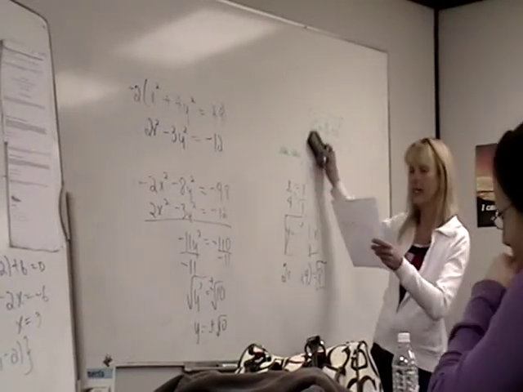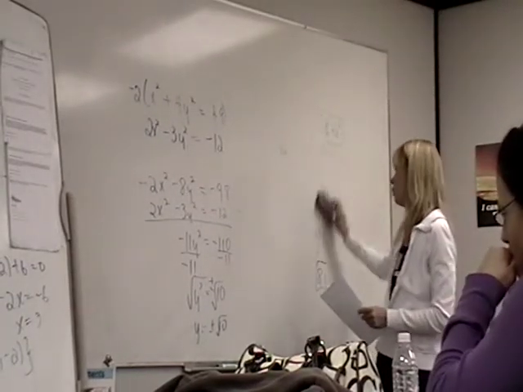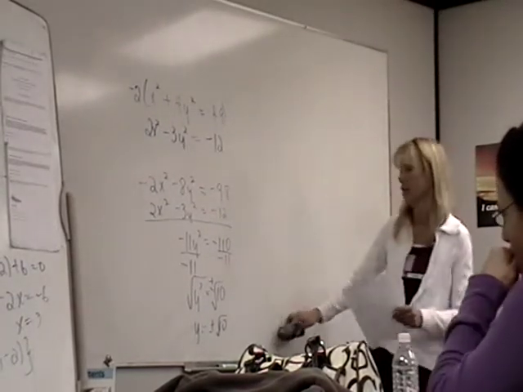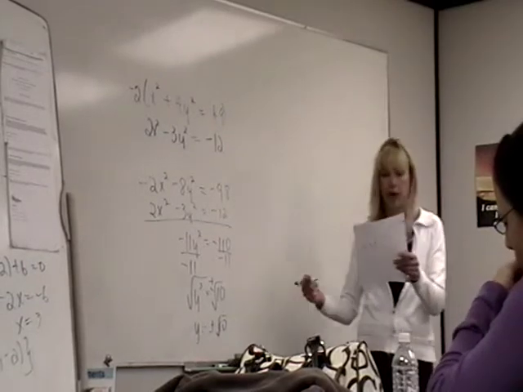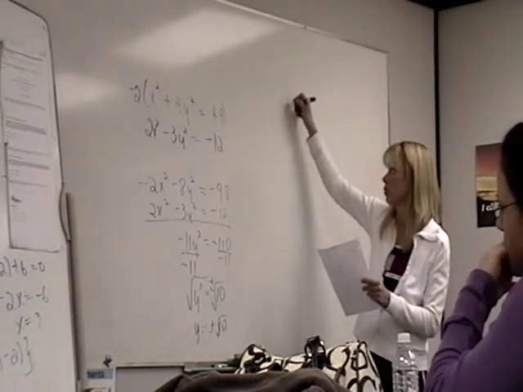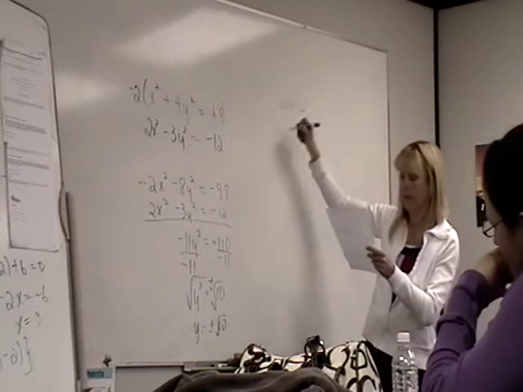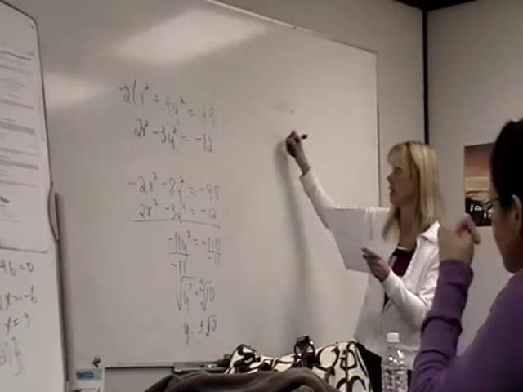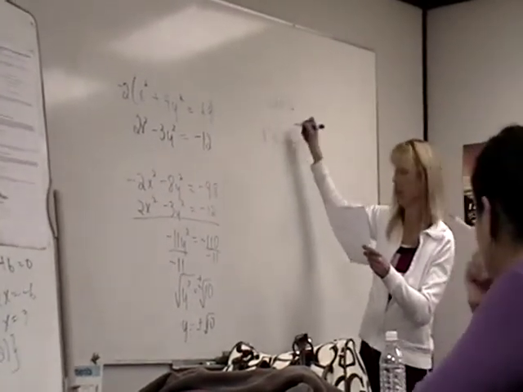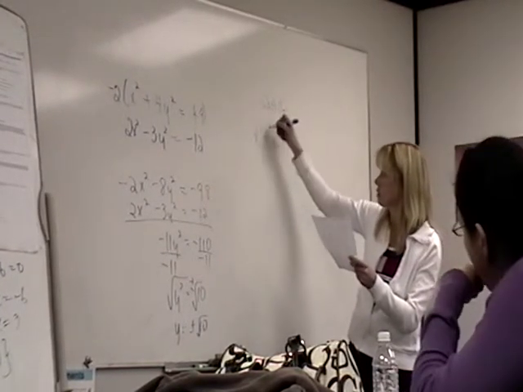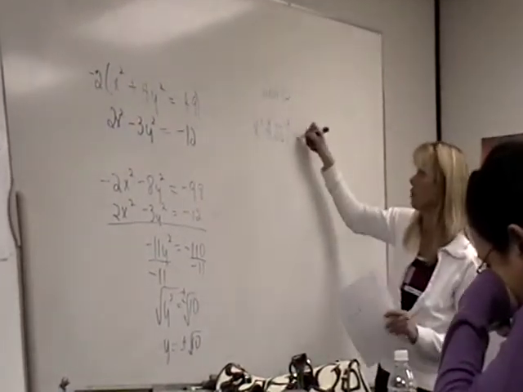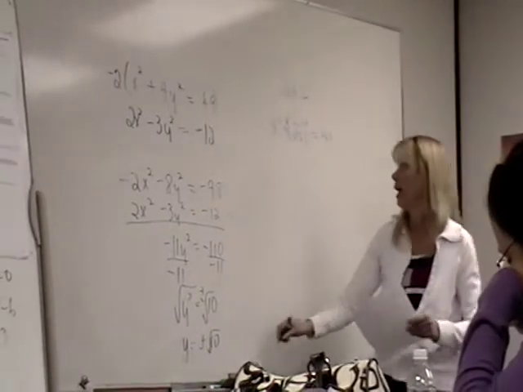Take that and substitute in, and it does not matter which one. 1 or 2, it makes no difference. I'll just substitute into 1. So you have x squared plus root 10, I'm going to put in the 4 in front, equals 49.